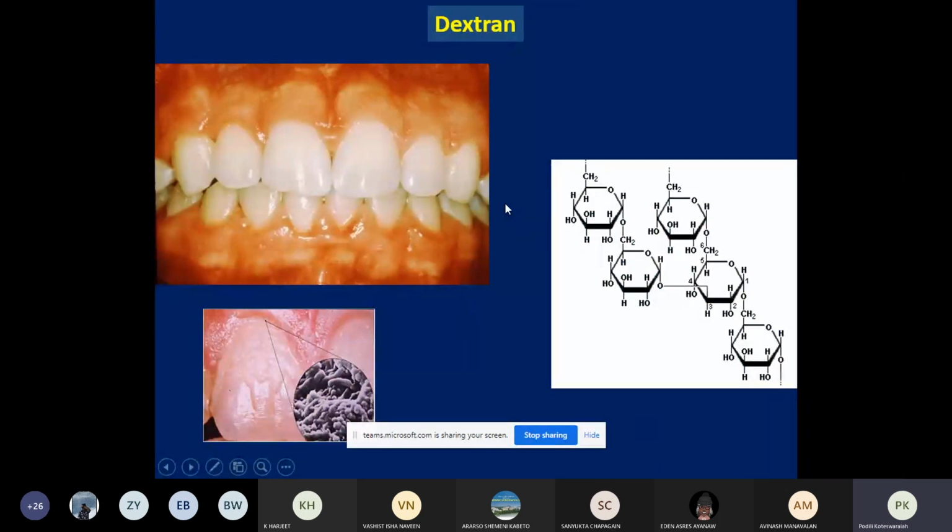And then we discussed dextran, and it is a polymer of glucose with alpha-1,6 linkages, and with a branch point at alpha-1,3 and in some cases alpha-1,4.